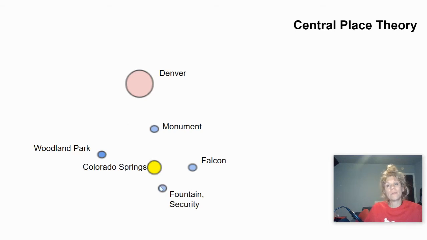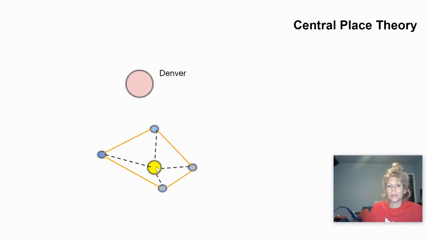So thinking about range and threshold, oftentimes you guys have probably had, or your family has driven to Colorado Springs for supplies or even experiences there, okay? And many of you have maybe even gone to Denver. So what we start to see is when you have patterns in these smaller towns going into a city like Colorado Springs, you will see that hexagon pattern.